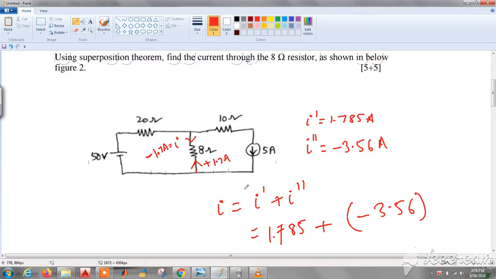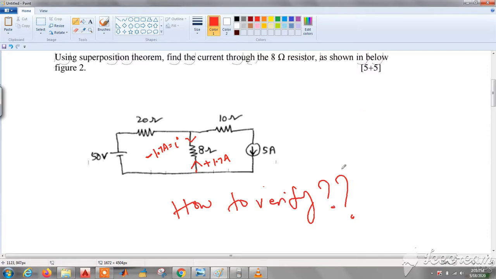You can try it. Now, how do we verify in the exam that our answer is correct or not? When we get negative answers, we get disturbed and think that our answer is coming wrong. But how do we check that we have got the correct answer? Let us verify it.